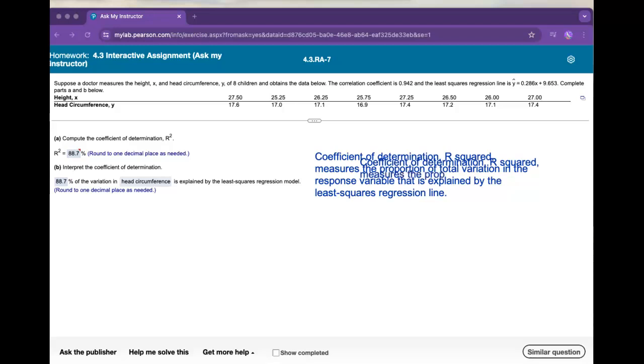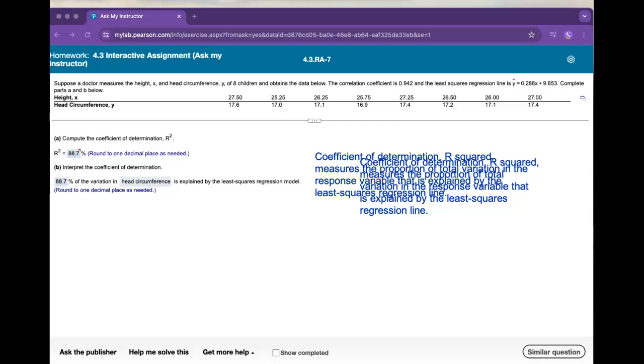measures the proportion of total variation in the response variable that is explained by the least squares regression line.